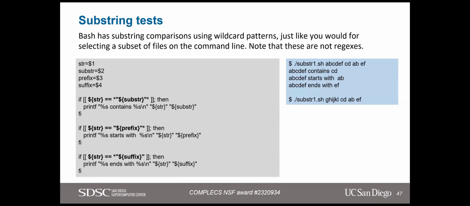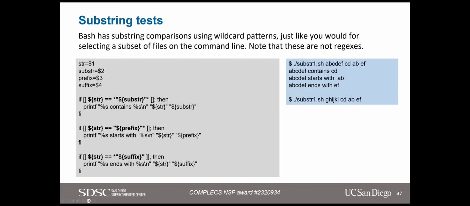So, substring tests. These check whether a string contains a specific sequence of characters, and this is going to use globbing. Globbing in Bash is a way to use wildcard patterns to match file names or strings. This is a lot easier than regular expressions, and it's directly built into your shell, so it is useful to have.